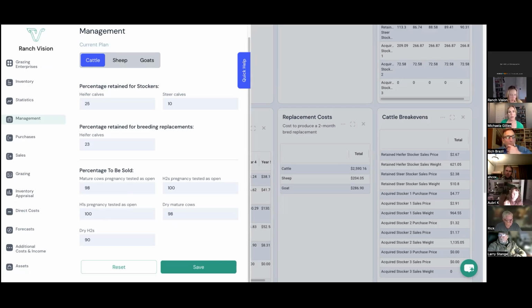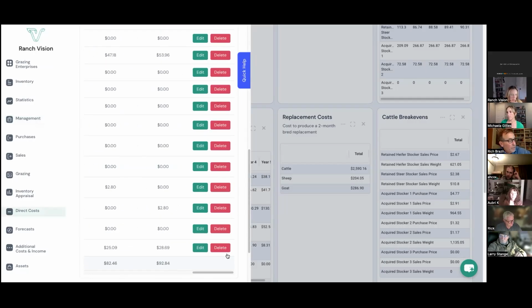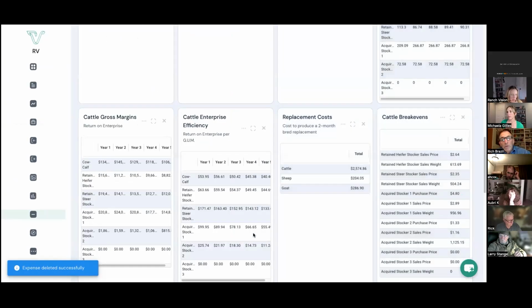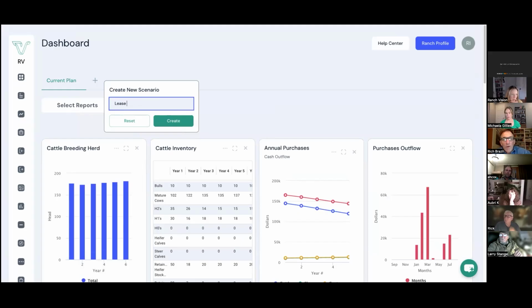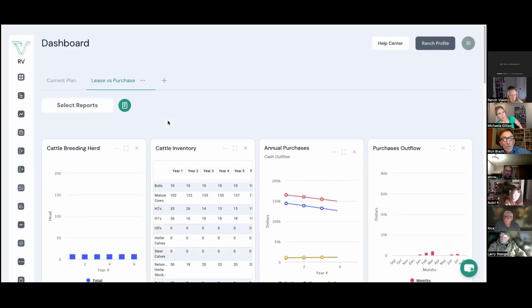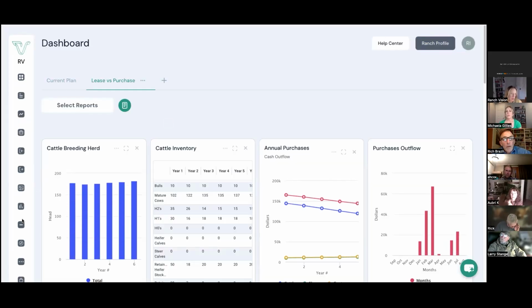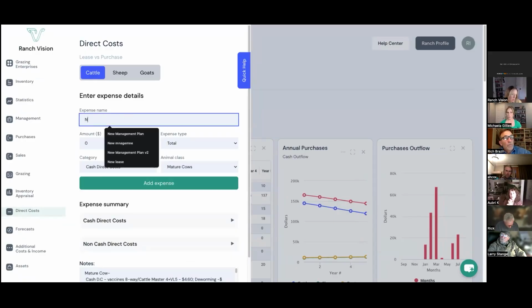No, I was doing a second scenario with the option to lease. So Michaela, why don't you create a new scenario, a third one, and go ahead, Aubrey. What's your question? So we would lease a section, and then we need to buy 30 head to fill that. 30 head of H2s, yeah, let's do that.